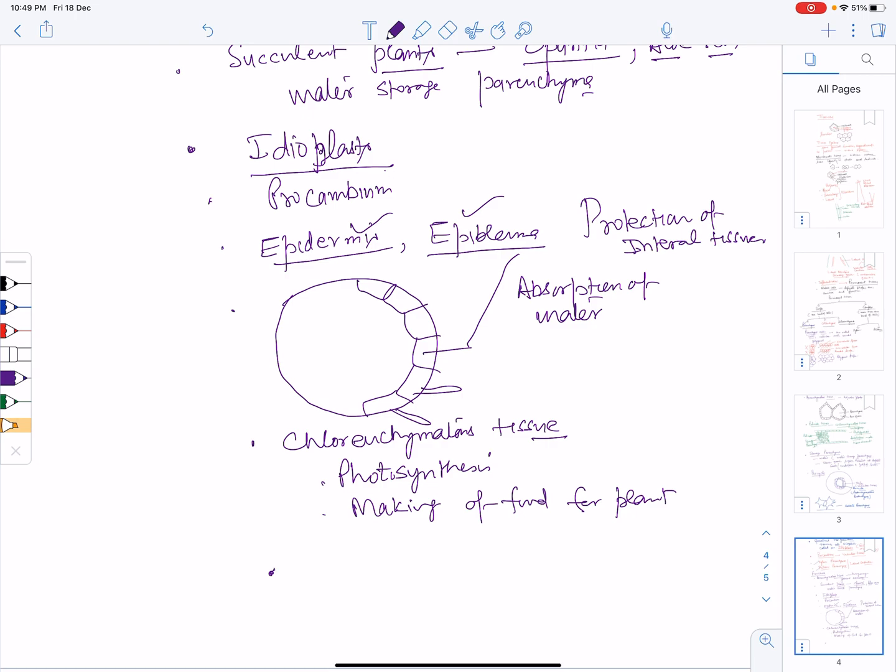Then we discussed storage tissue. Now, storage cells will store food for the plant, like they may store starch grains, oil, and whenever food is required by the plant, this will be provided to the plant. So this is all about structure of parenchyma cells. They can be of different shapes: oval, rounded, polygonal, isodiametric in shape. Then kinds of parenchyma, then functions of parenchyma.